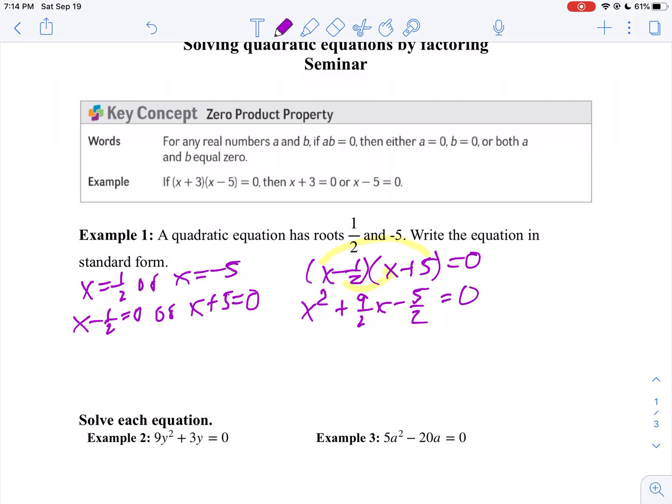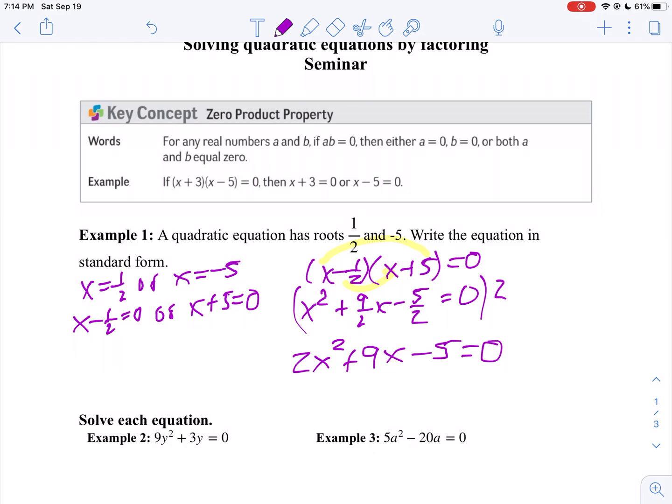Well, I don't like all those fractions. Let's multiply the entire equation by 2. So we get 2x squared plus 9x minus 5 equals 0. And that will be the quadratic equation that has solutions of 1/2 and negative 5.